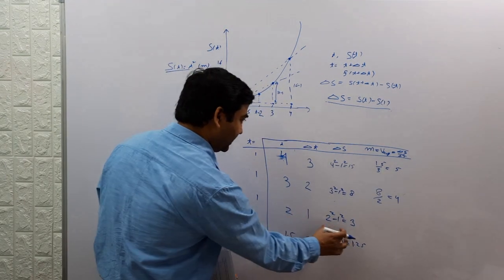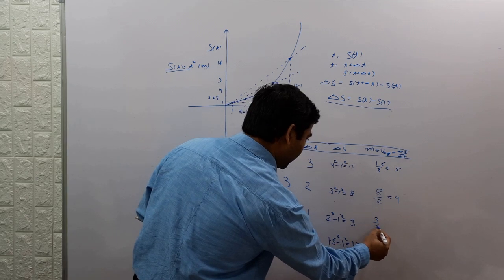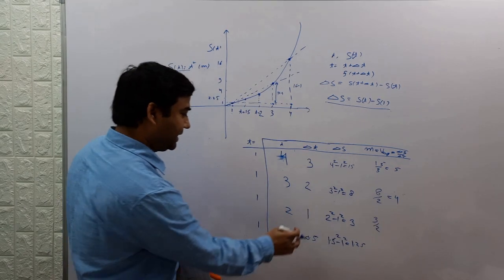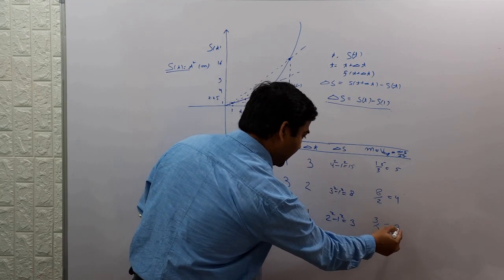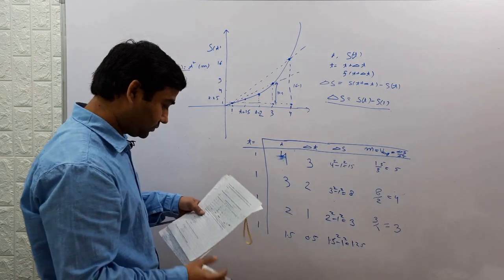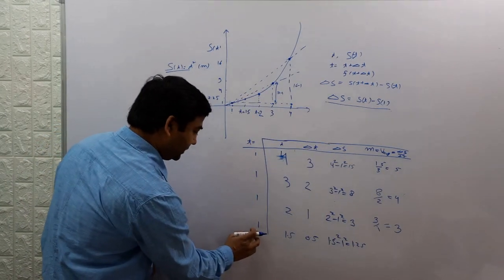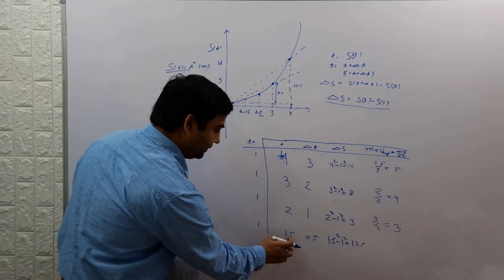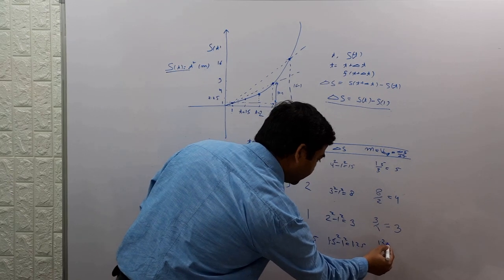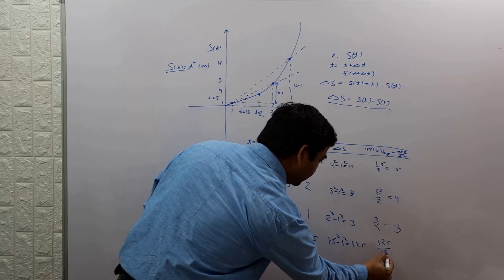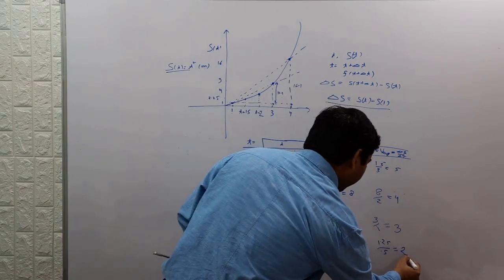For this time interval, delta s is 3 and delta t is 1, sorry, so the average velocity is 3. And for this time interval, t equal to 1 to t equal to 1.5, delta t is 0.5, delta s is 1.25, and this is equal to 2.5.